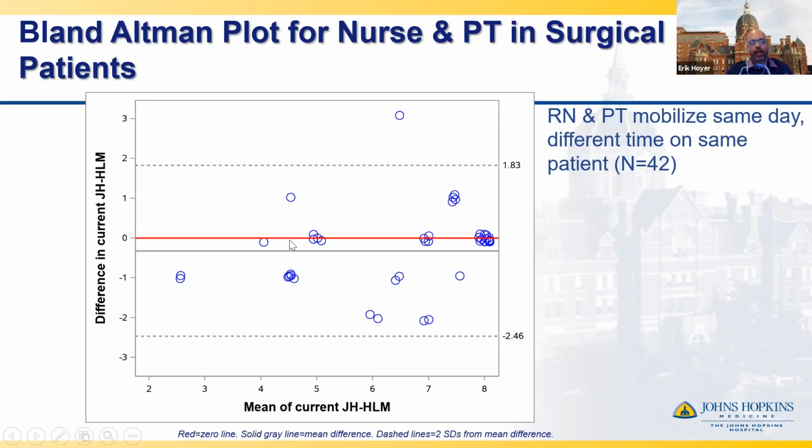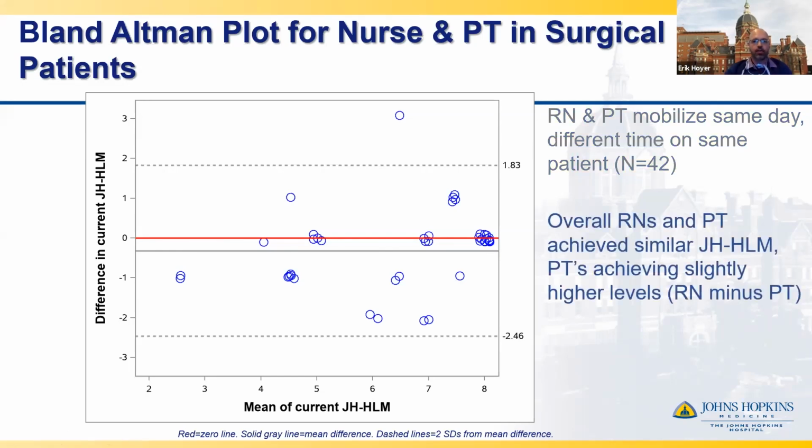On the x-axis, we average the two HLM scores, and this light gray line shows the overall mean differences between nurses and physical therapists. The fact that the line is just slightly below zero just means that on average, the physical therapists are mobilizing the patients to a slightly higher level than nurses do in this small study.